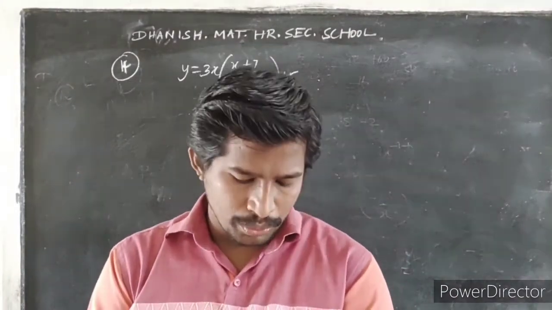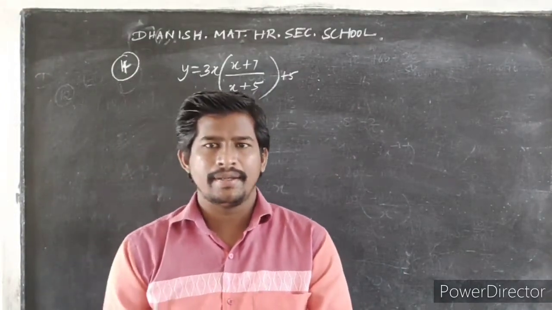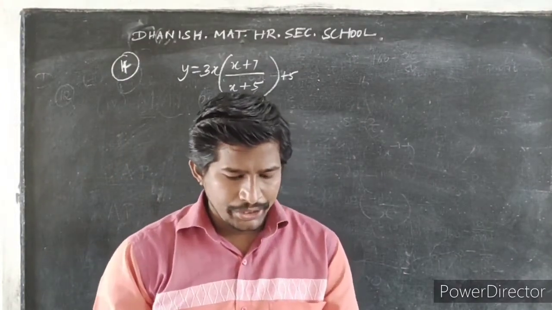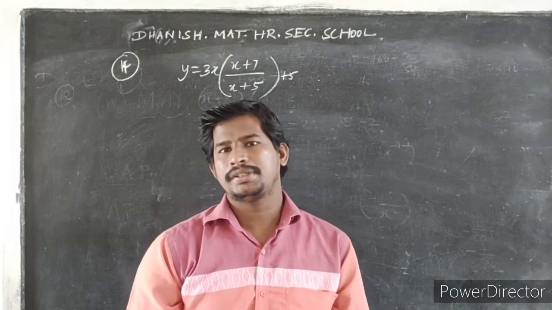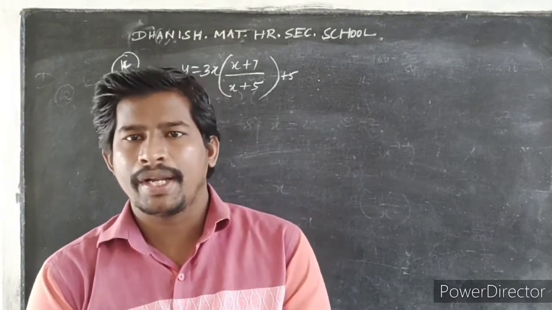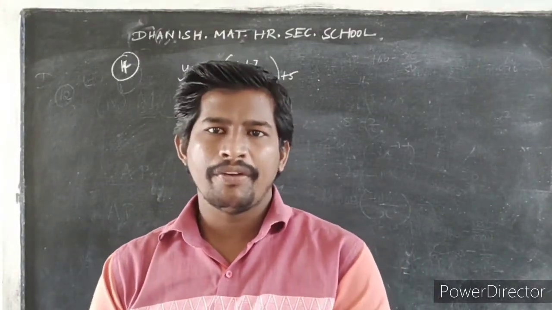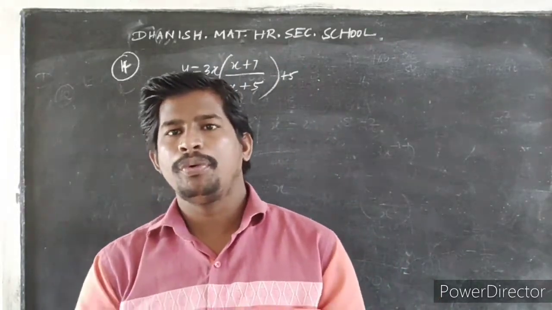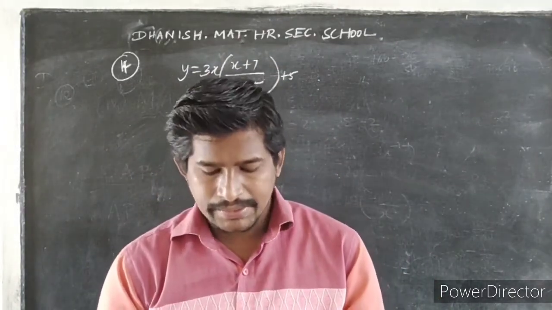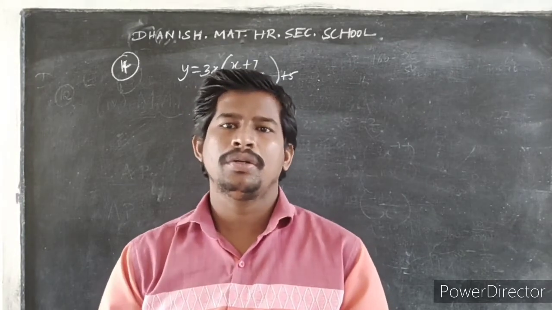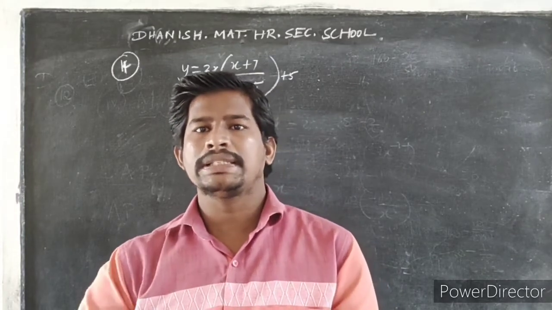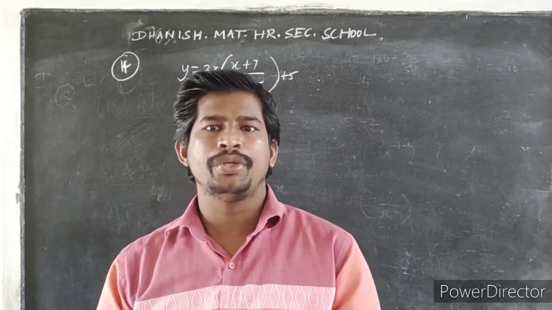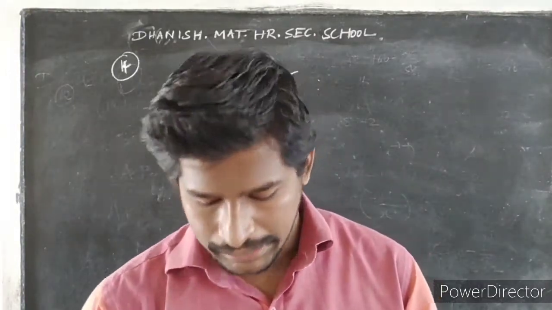Here we have to prove the marginal cost decreases continuously as the output increases. In order to show our required result, it is enough to prove the dy by dx is positive. If we prove dy by dx is positive, then we can conclude the marginal cost decreases continuously as the output increases.